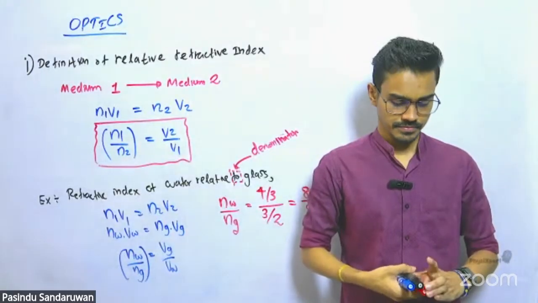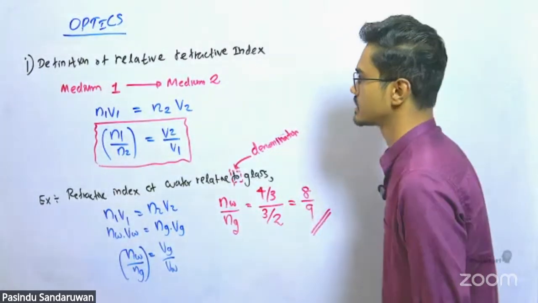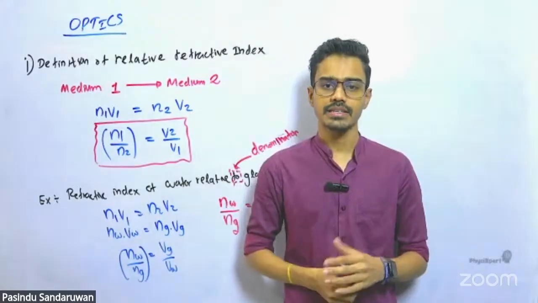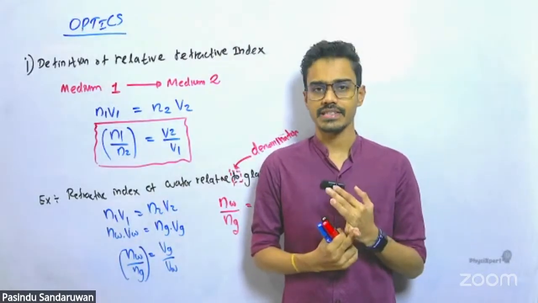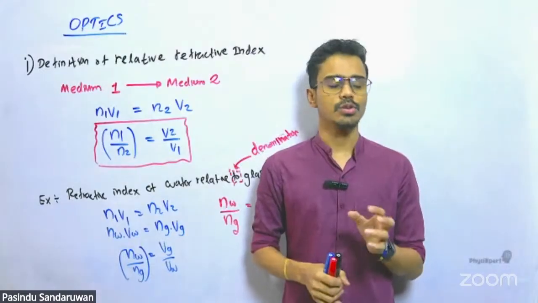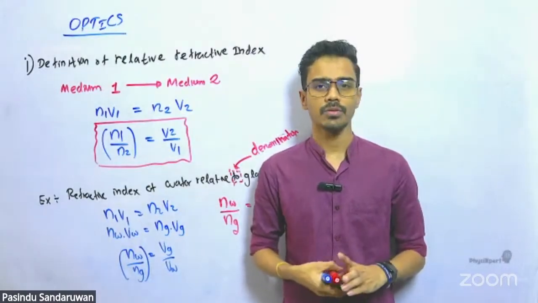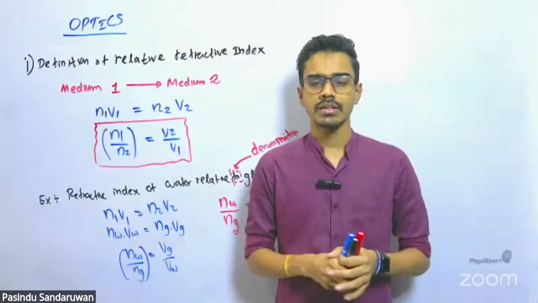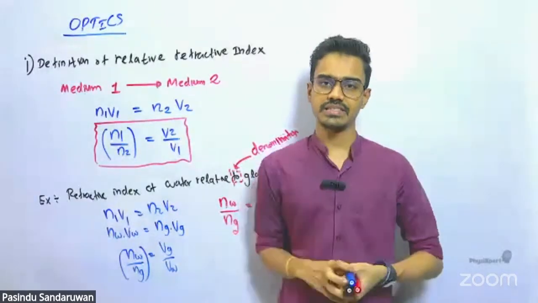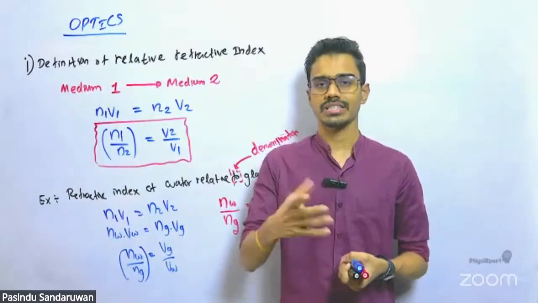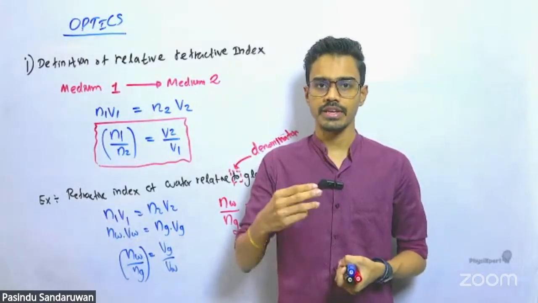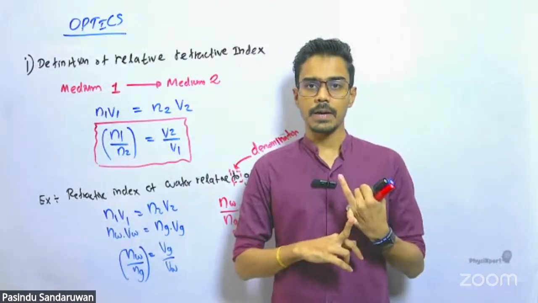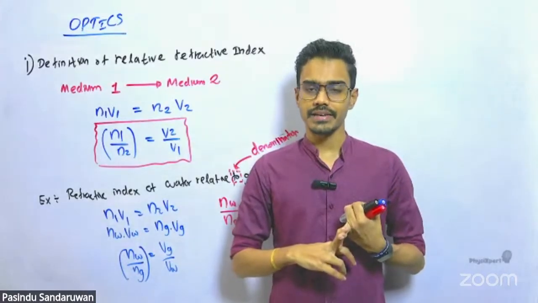Simple as that. Right? So far we discussed what refractive index is, and first you got to know that the product nv of any wave or light ray or optical ray, when it travels through a medium, is a constant. Since nv is a constant, we got the equation n1 v1 equals n2 v2, right? And using the same equation, we define two refractive indices: first, absolute refractive index, and second, relative refractive index.